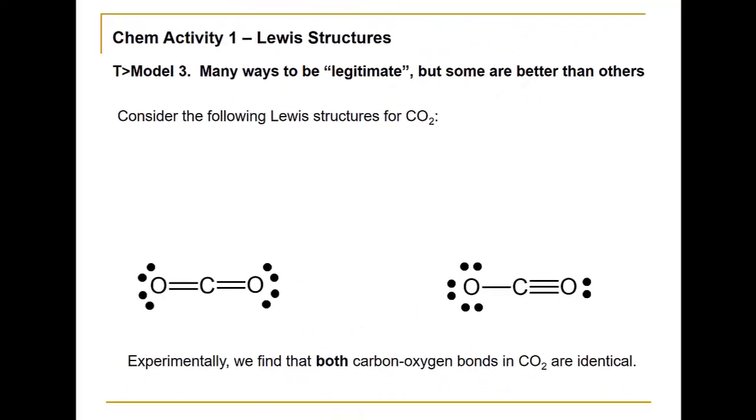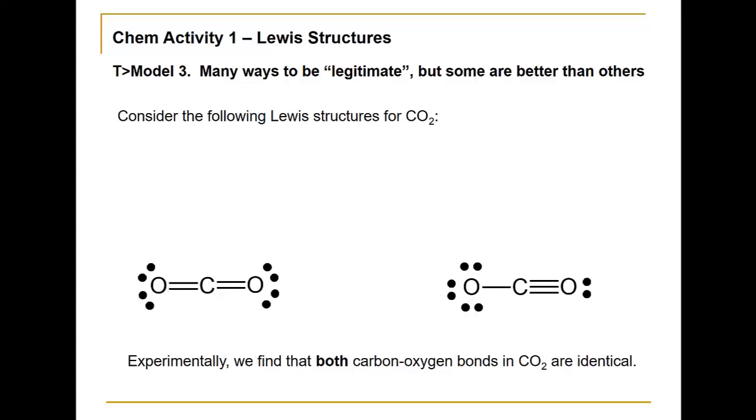Sometimes more than one legitimate Lewis structure can be drawn for a single molecule or ion. In such cases, with a few additional tools, it should be possible to pick out which structure is a more accurate representation. Consider the following Lewis structures for CO2.